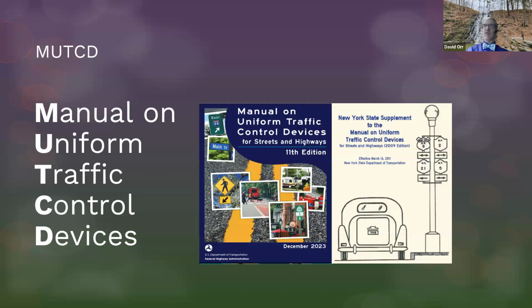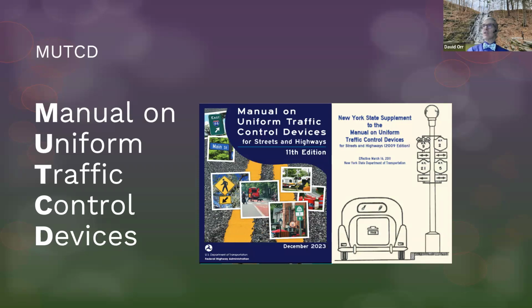They updated the National MUTCD. There's an 11th edition. It has a December date on the cover, but it was officially promulgated in January. There is still the old New York State supplement. New York State is working on an update, and I will mention a few things I know they're going to be modifying in the new national as we go through our webinar today. This is the current MUTCD, and as changes occur we'll let folks know, and we are updating our traffic sign handbook to go with this.